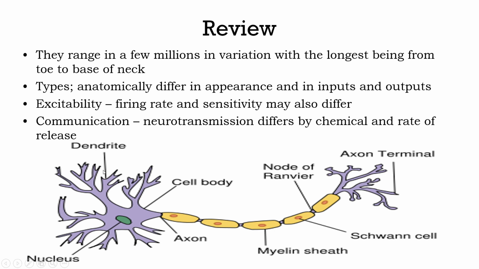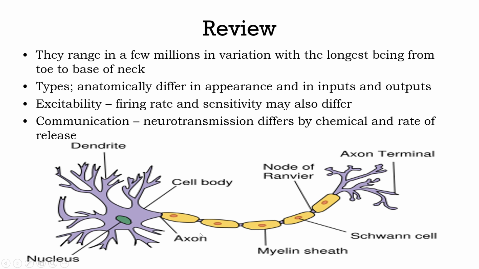Anatomically, we want to remember that we have the nucleus within the soma, or the cell body, and it has dendritic ends, which are the receiving components of the neurons. And then we have axons, which can be myelinated or non-myelinated. If they're myelinated, the action potential moves only in the spaces that are not covered by the Schwann cells.